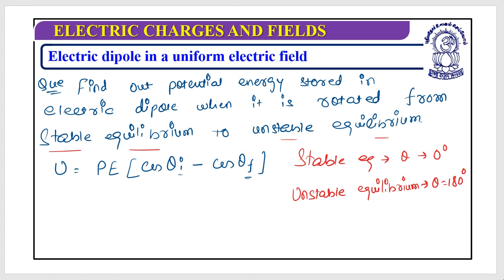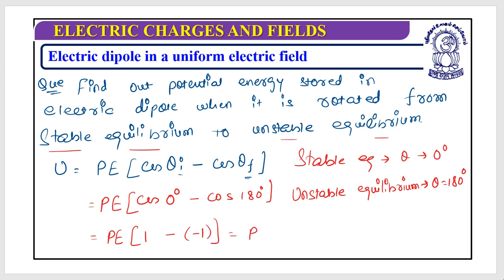Now let's put in these values. This is PE into bracket cos 0 degree minus cos 180 degree. So this equals P into E, cos 0 is 1, minus cos 180, which is minus 1. So this equals P into E into bracket 1 plus 1.